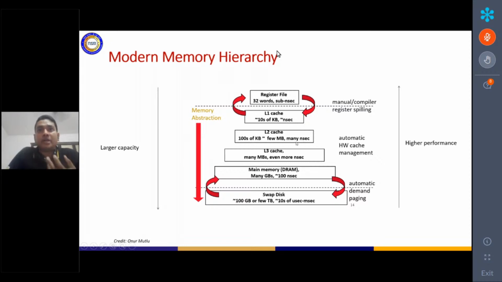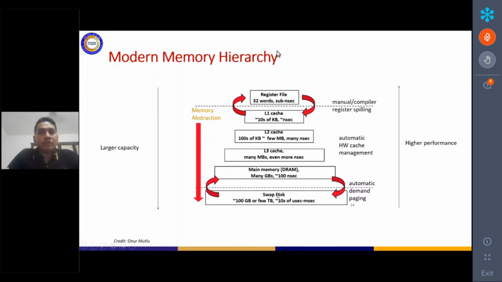Then you have many nanoseconds in L2 cache, then some more nanoseconds in L3 cache, and a few hundred nanoseconds in your main memory access, so DRAM access. And then you have tens of microseconds to milliseconds in the access of swap memory or swap disk.